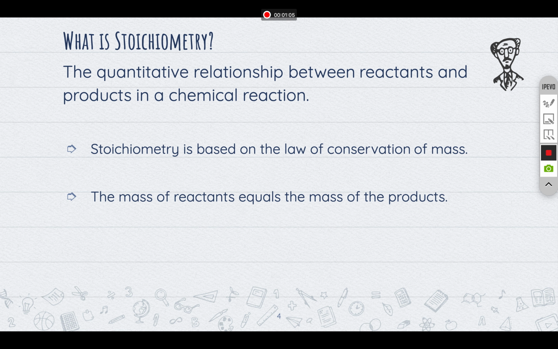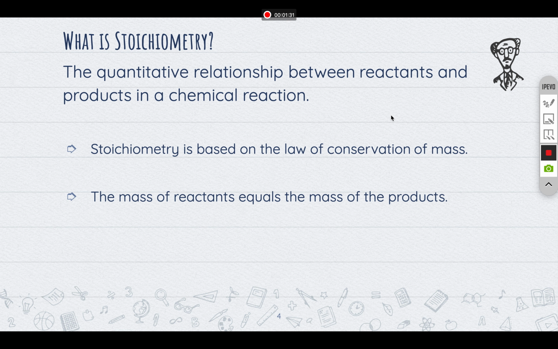So for instance, if you are someone who bakes, you would know if I add this much flour to this much eggs to this much whatever, I can make this many cakes or bread or whatever. So you know that if you use this many ingredients, you can make this many of whatever you're making.